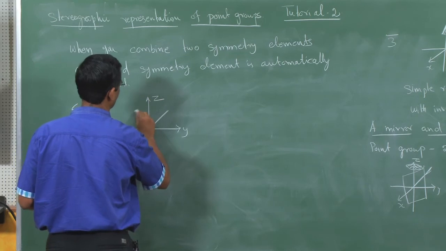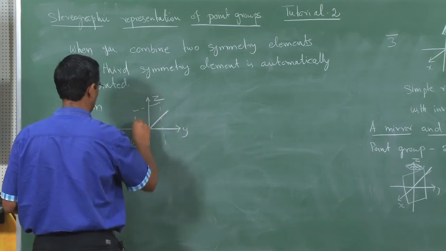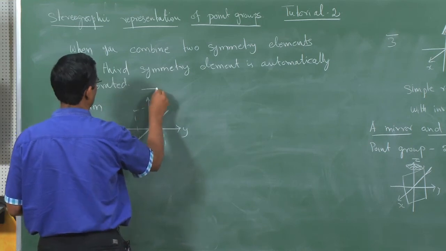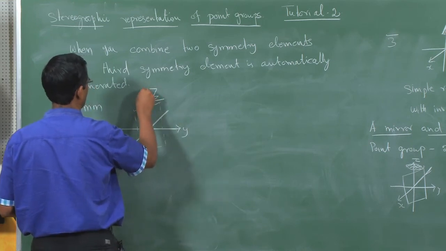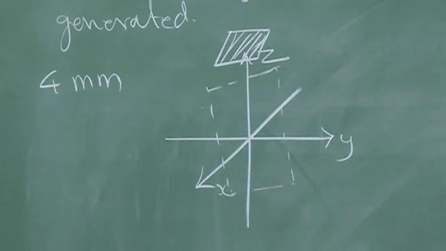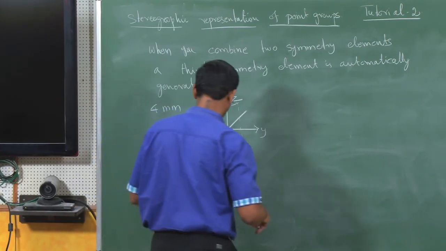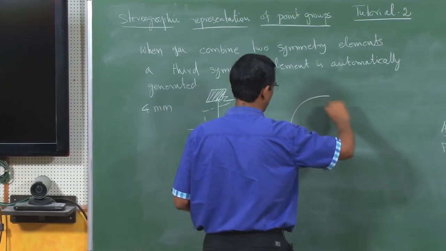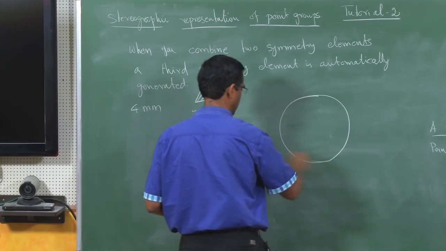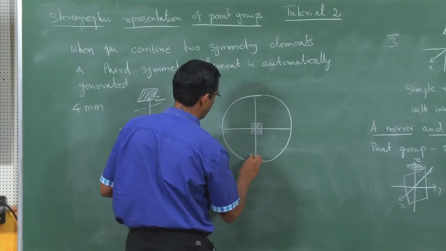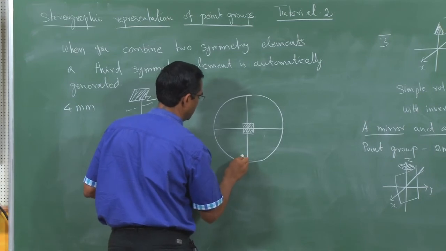You have the C4 rotation axis on the z axis. So, it will produce how many equivalent positions? This just represents C4. So, I will start with the point here.